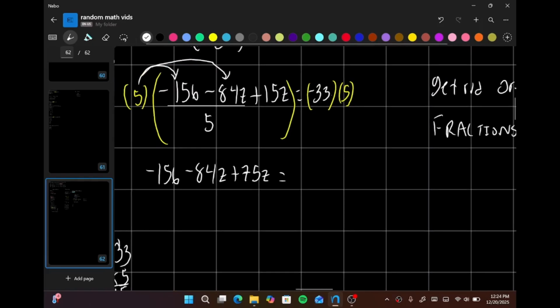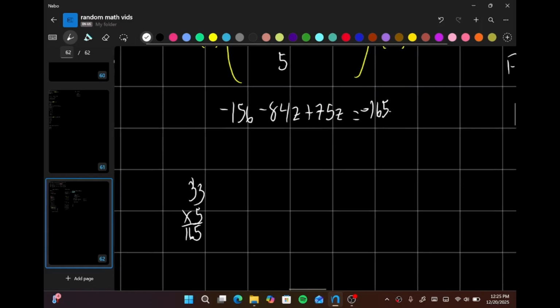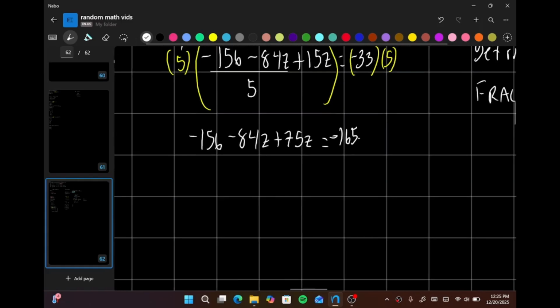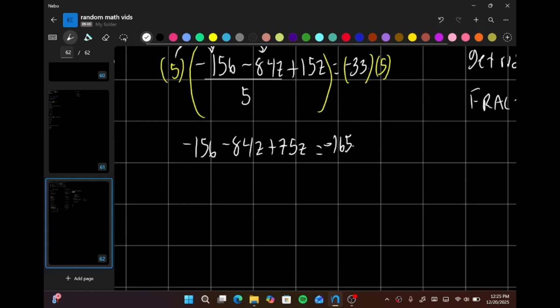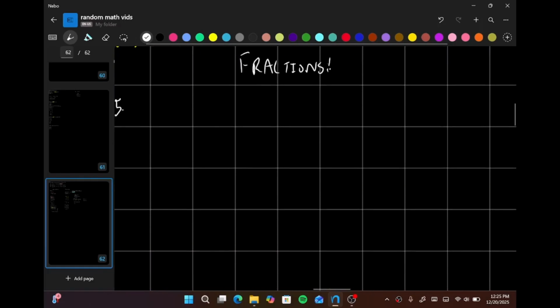Thing is, guys, I don't know if they'll let you use a calculator for this. Maybe an arithmetic one, a simple one. But here we're going to have negative 156 minus 84z plus 75z. Negative 84 plus 75 is going to be, let me see here, hold on.